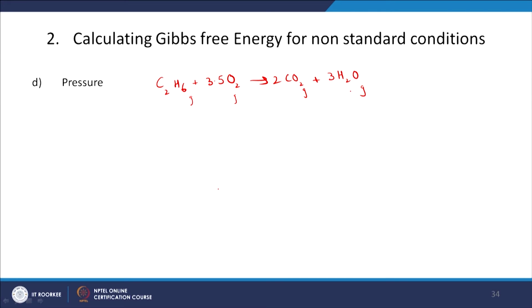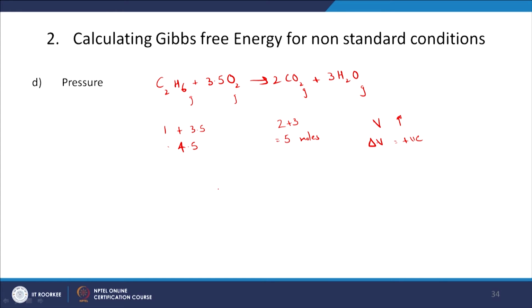And what are the moles here? Initially we had 1 plus 3.5, that is equal to 4.5 moles, and we end up with 2 plus 3, that is equal to 5 moles. So what does that mean? It means that the volume has increased, or delta V is positive.